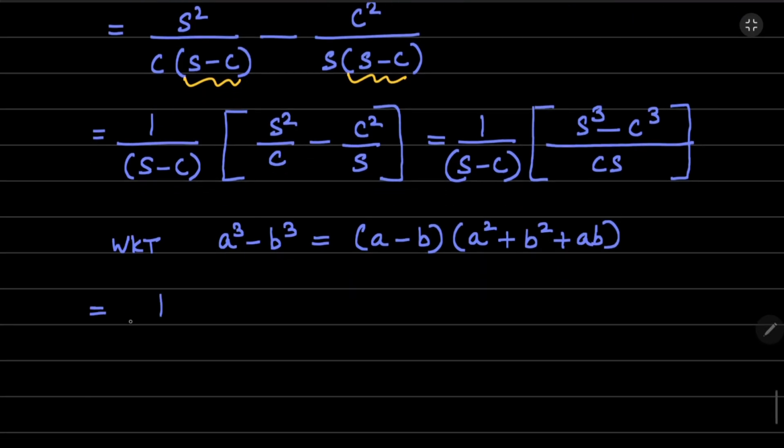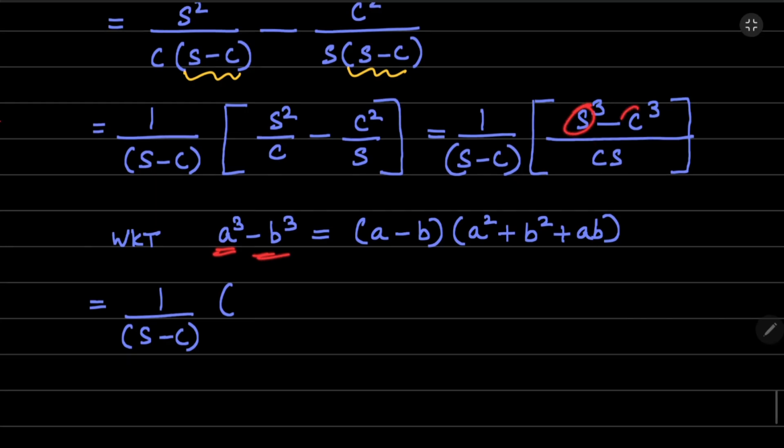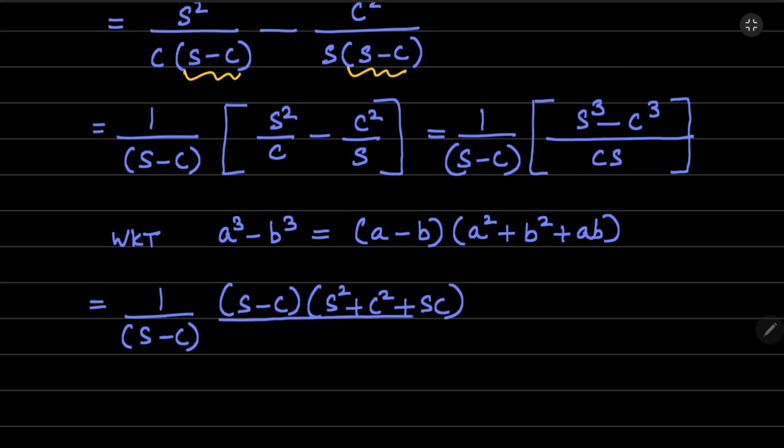So what do you get? 1 over sine minus cos multiplied by a cube minus b cube, where a is sine and b is cos. So a minus b, sine minus cos, multiplied by sine square plus cos square plus sine into cos, all divided by cos into sine.